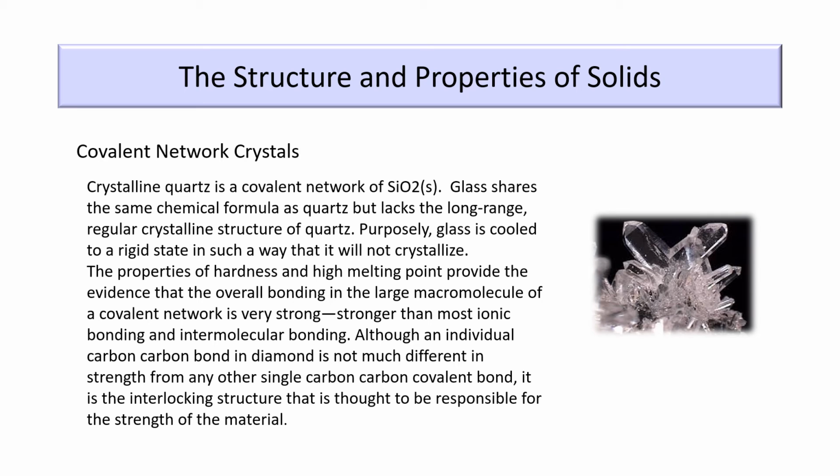Although an individual carbon-carbon bond in diamond is not much different in strength from any other single carbon-carbon covalent bond, it is the interlocking structure that is thought to be responsible for the strength of the material.